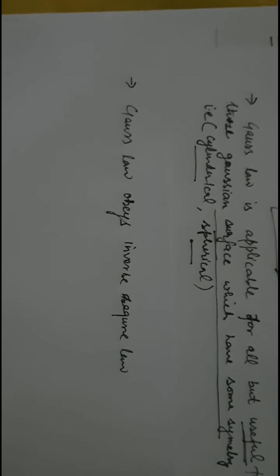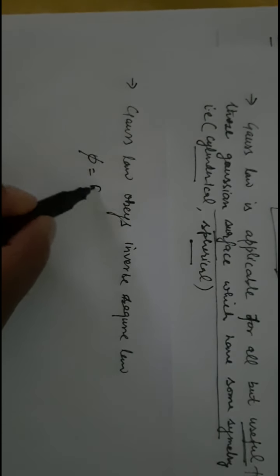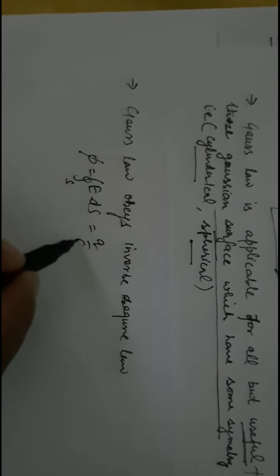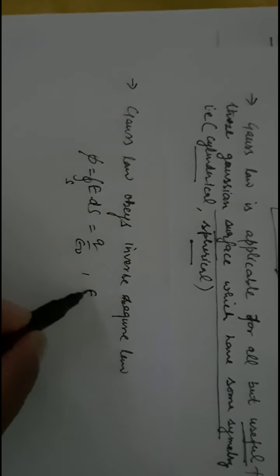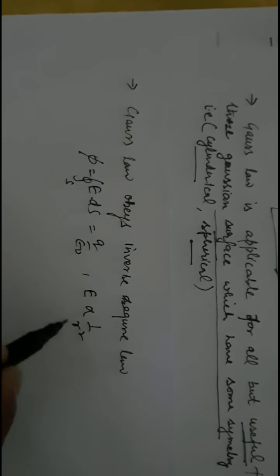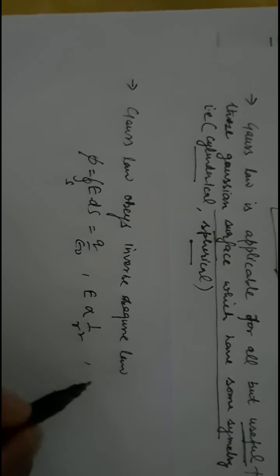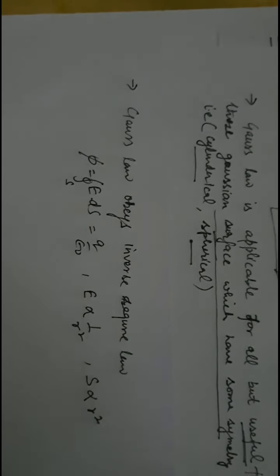The fifth point is that Gauss law is based on the inverse square law, so any violation of it will indicate a departure from Gauss theorem. We know that the flux, E dot ds around a closed surface, is Q by epsilon naught. Here E is proportional to 1 by R square and the surface area is proportional to R square.